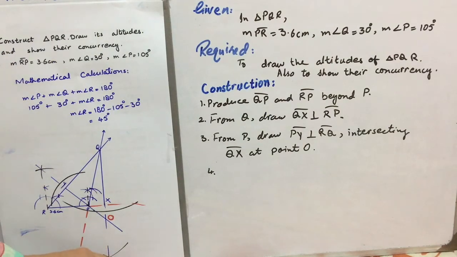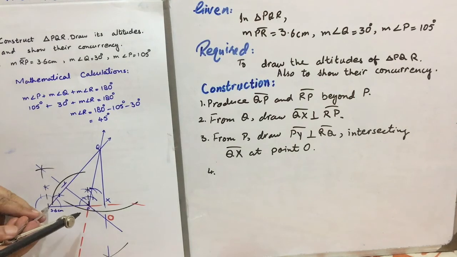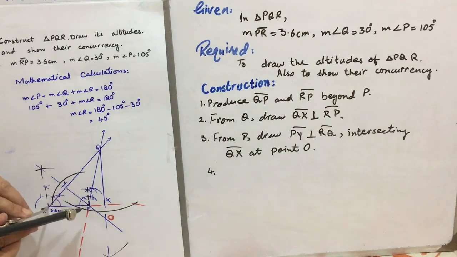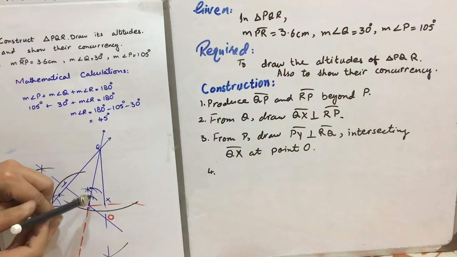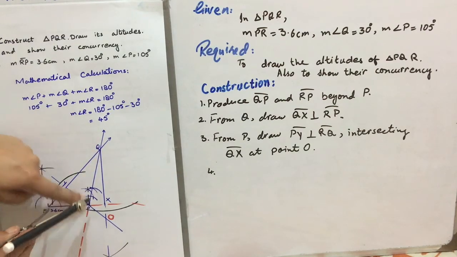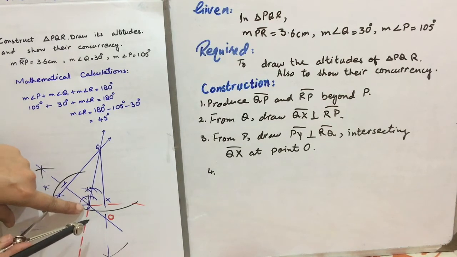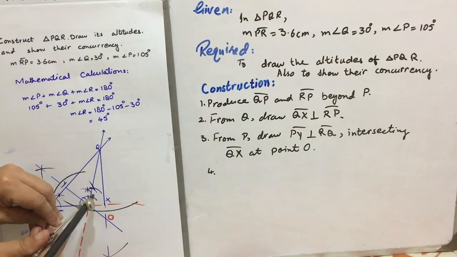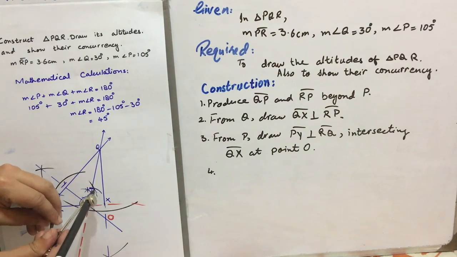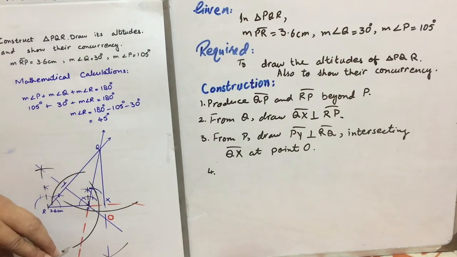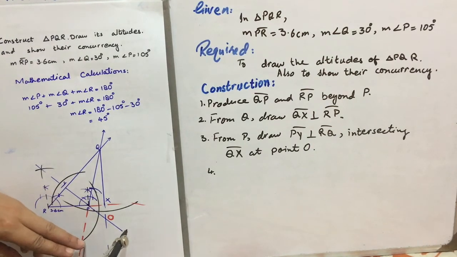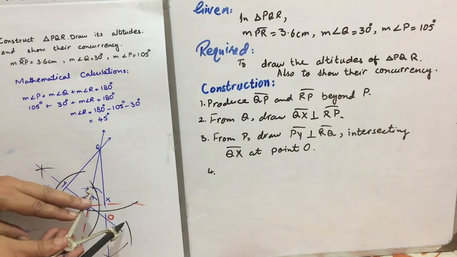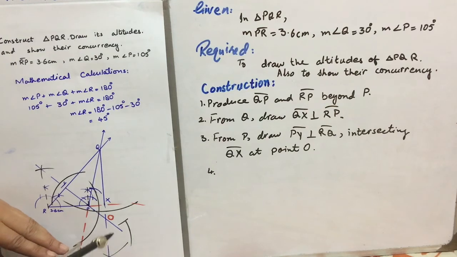Number 4, again using the third vertex, which is R, keep the needle of the compass at point R and mark an arc to cut QP produced, which is shown with the red line. With these new 2 points find another point, which is the center of these 2 points.